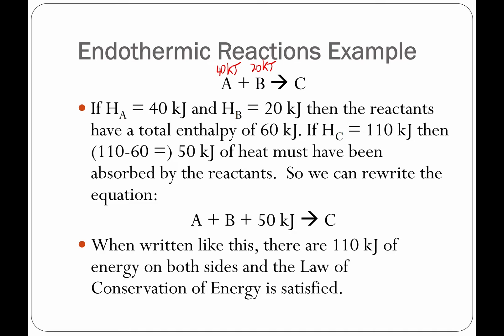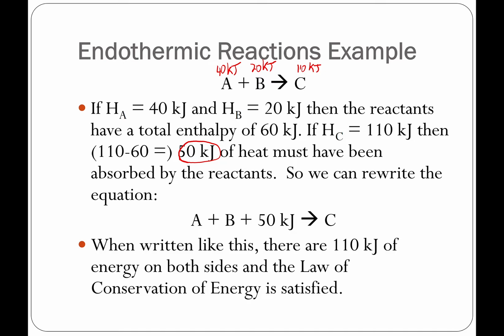So if the heat of C is 110, well, this doesn't match the 60 that we started with, so we must have gained some somewhere, probably from the environment. That missing amount is 50 kilojoules, and that has to be absorbed by the reactants in order to equal out the 110 on the other side.